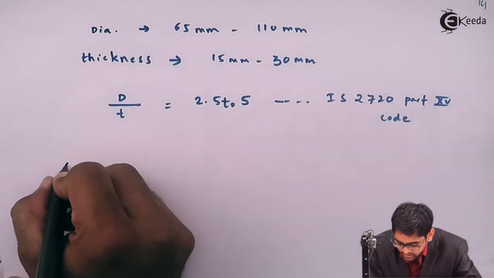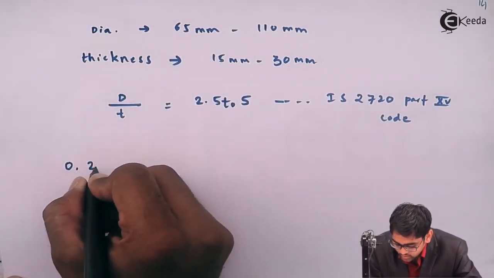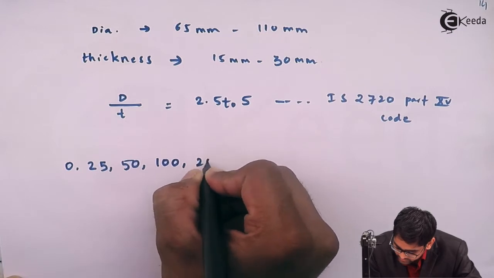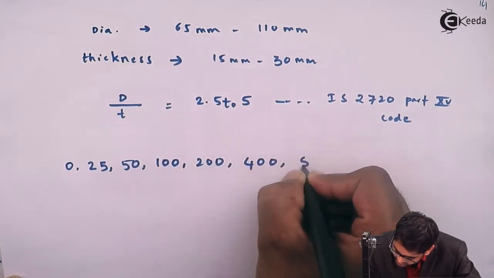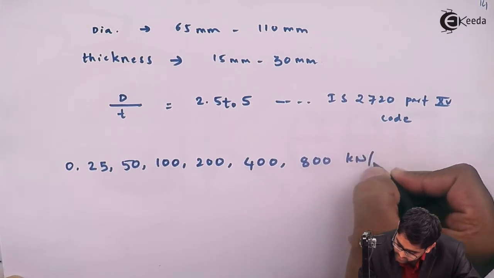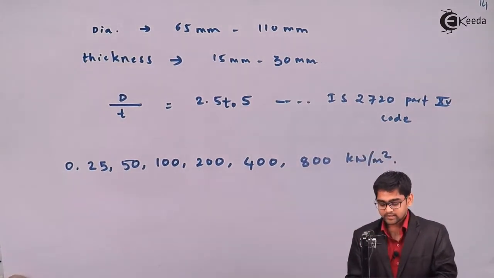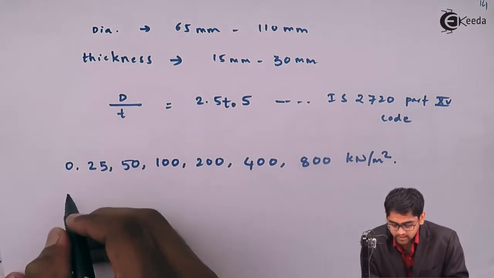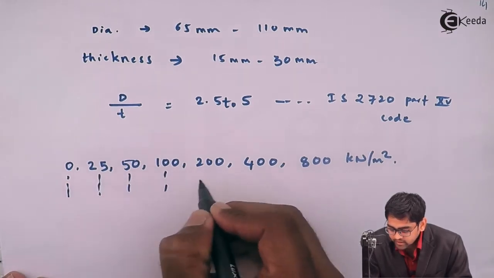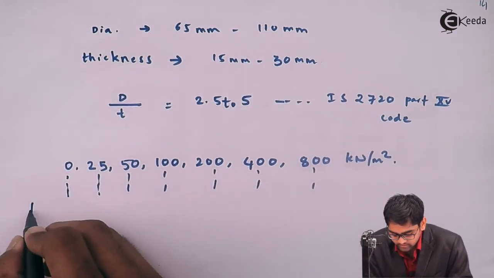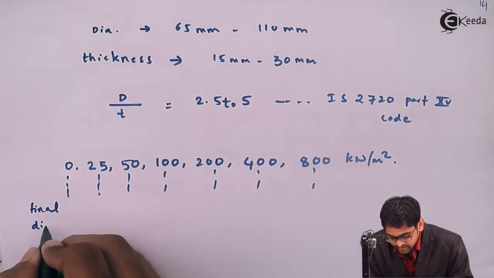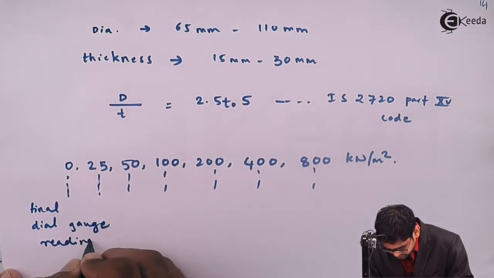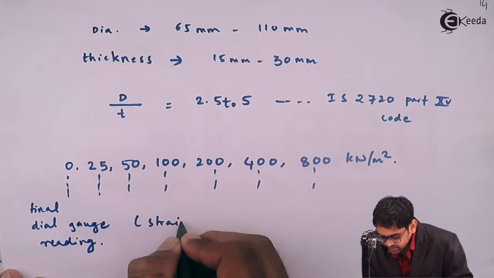The load has to be placed in steps of 0, 25, 50, 100, 200, 400 and 800 kilonewton per meter square. Correspondingly you will be noting the final dial gauge reading, which is representative of the strain.